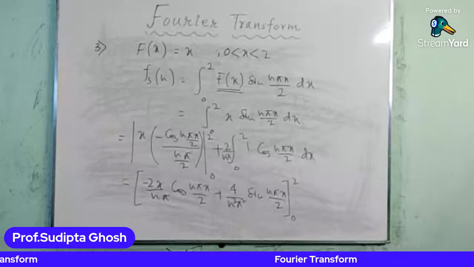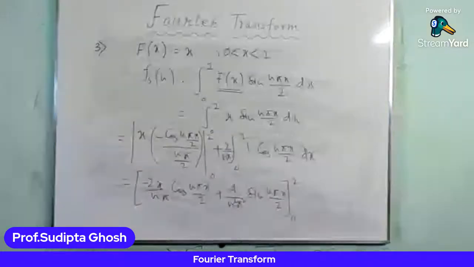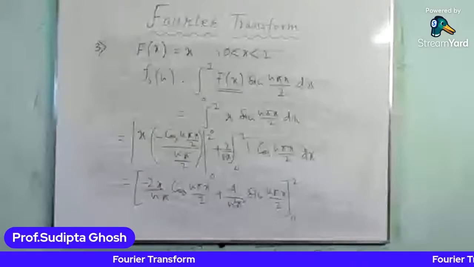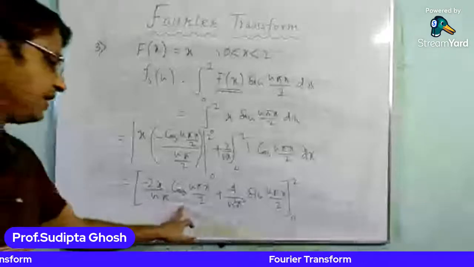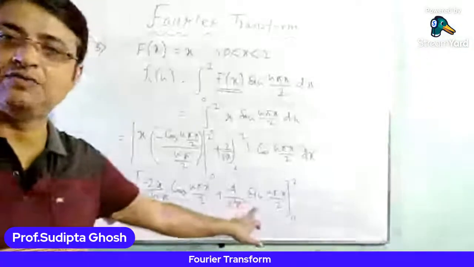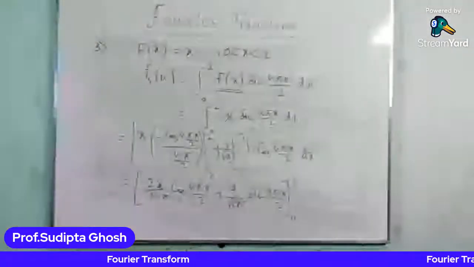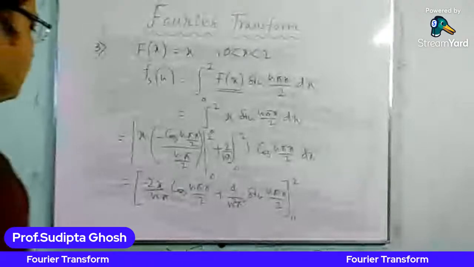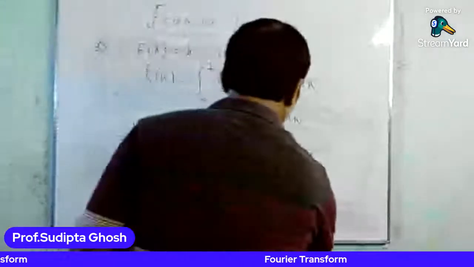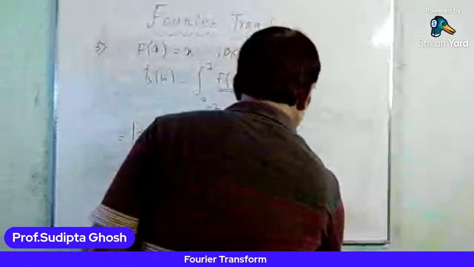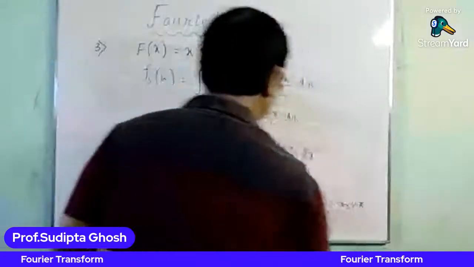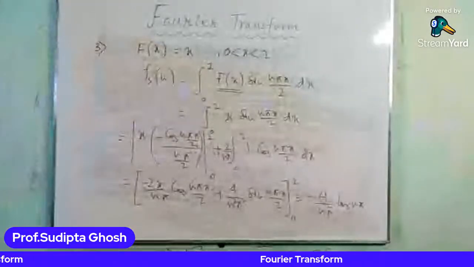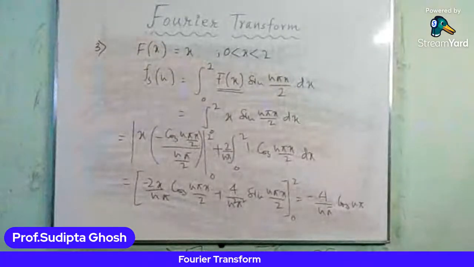Sine n pi means 0, so we can remove that value, and for the lower limit of 0, the first term will give a 0 and the second term again will give 0. So the final value should be minus of 4 by n pi cos of n pi. So that is the value of this transformation.